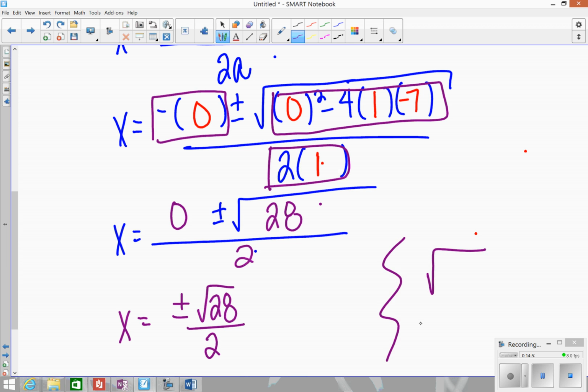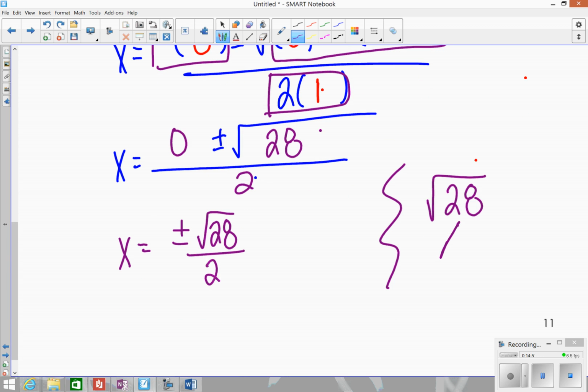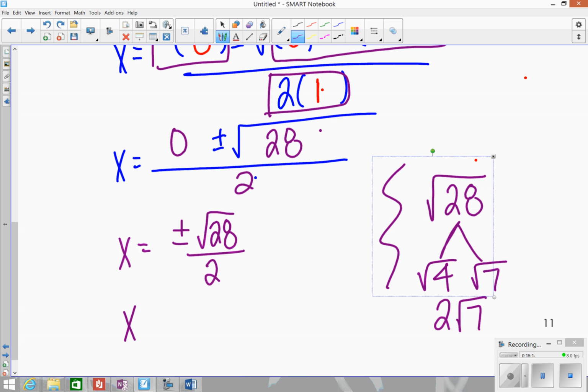And then square root of 28 is not a perfect square, but off to the side here, we can look to break it up. So it's even, so try dividing it by 4. If I divide by 4, I get 7. 7 doesn't have any perfect squares in it as factors, so it's just going to be square root of 4 times square root of 7, reduces to 2 square root of 7. So then over here, I'm just going to replace plus or minus 2 square root of 7 all over 2.